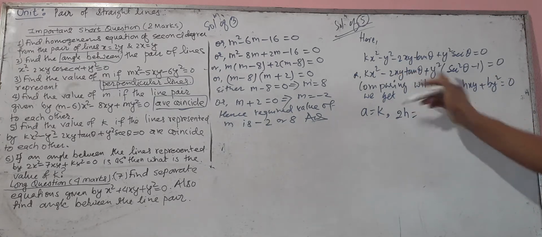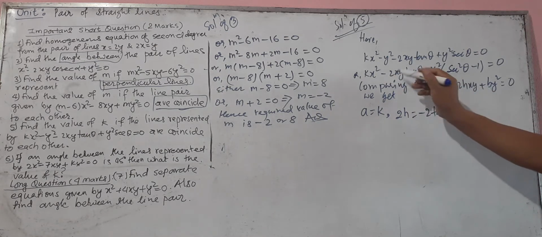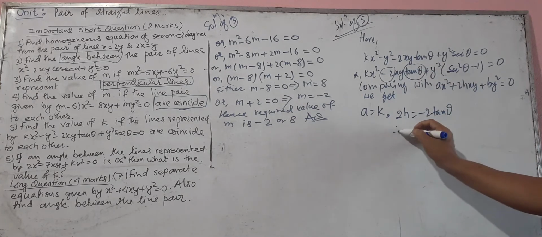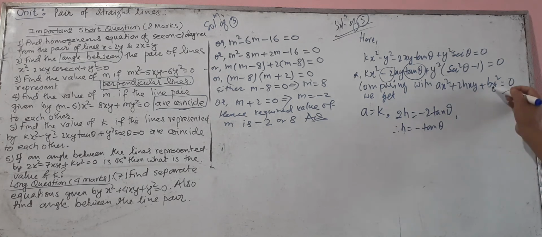Here the coefficient of xy is minus 2 tan theta. Minus 2 and tan theta. And therefore h is equal to minus tan theta. And the coefficient of y square is b, and here it is sec square theta minus 1. And this sec square theta minus 1 is tan square theta.